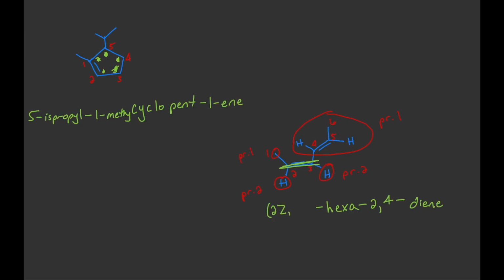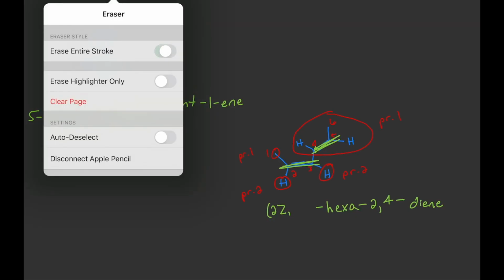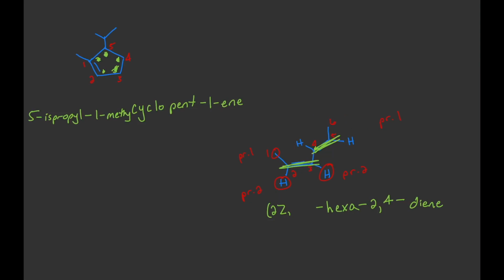And then if we choose to look at our other alkene, so we'll look going down this bond, and we'll get rid of this and that. Okay, we'll leave those. So if we look at this alkene, we will see that one priority group is here on this side of the alkene, and then our other priority group is up here.